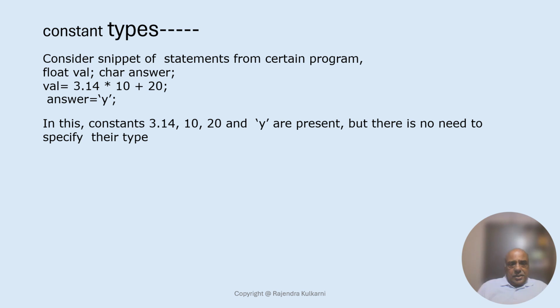When we are writing a snippet or a program, when the constants appear in the program, we need not specify their type. In this small snippet, 3.14, 10, 20, y are all present as constants, but there is no need to specify their type.